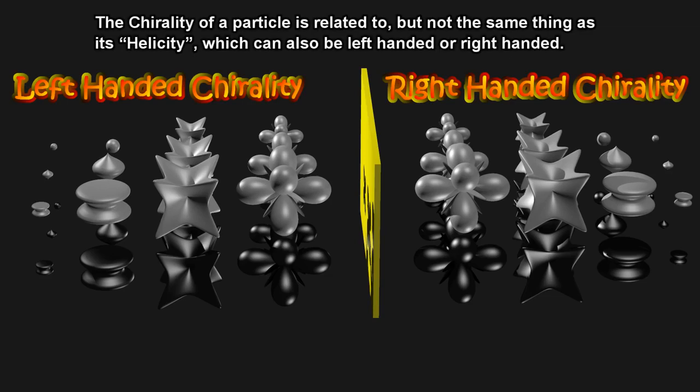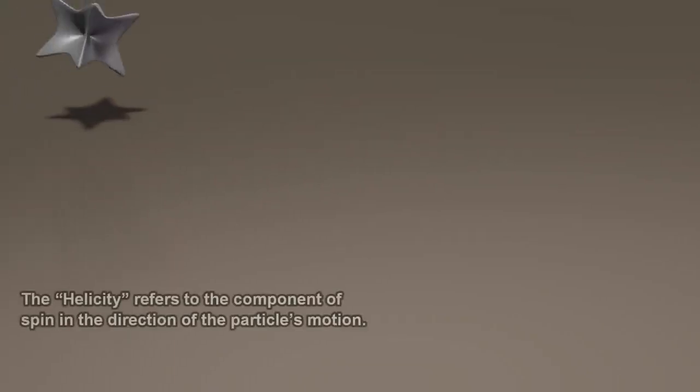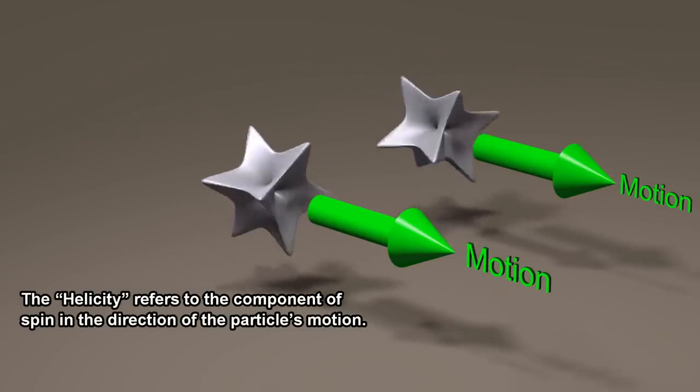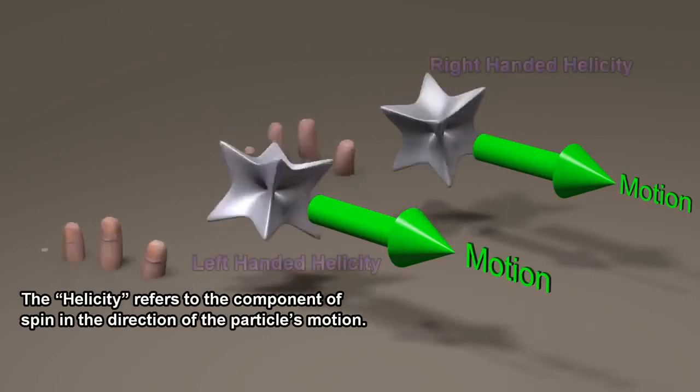The chirality of a particle is related to, but not the same thing as, its helicity, which can also be left-handed or right-handed. The helicity refers to the component of spin in the direction of the particle's motion.